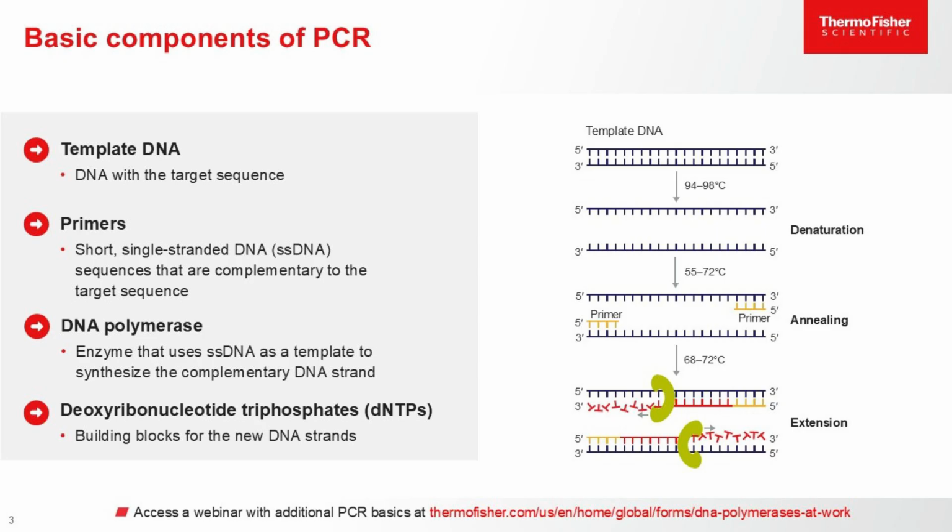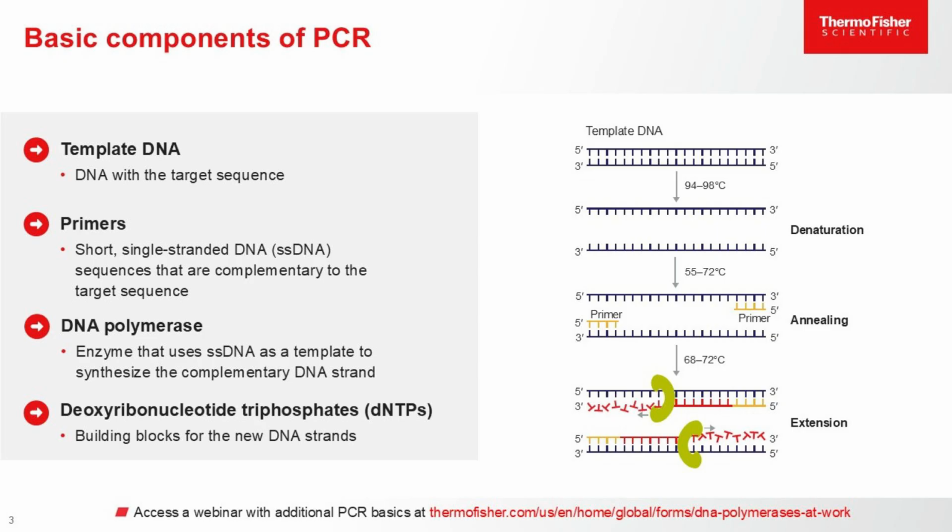The reaction also includes a reaction buffer containing salts and buffering system. Magnesium ions are always present in the buffer as they are essential cofactors for DNA amplification. All these components are required to perform PCR in a thermal cycler, whose principle you can see on the right side.